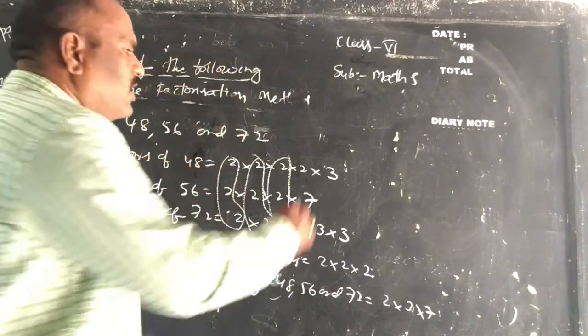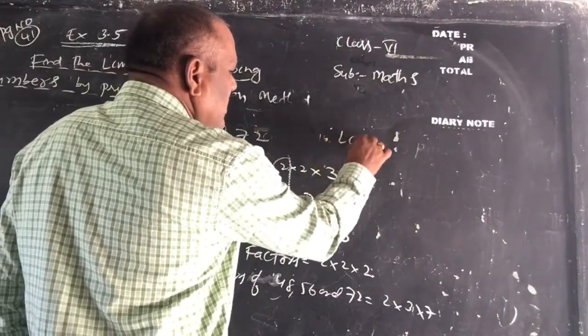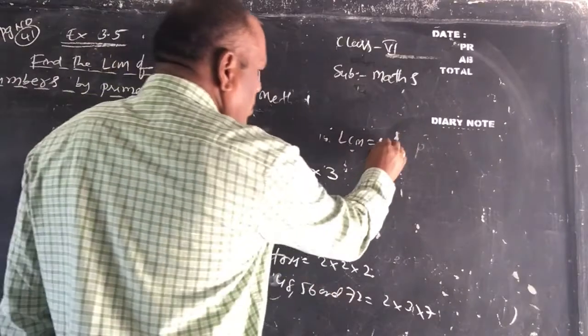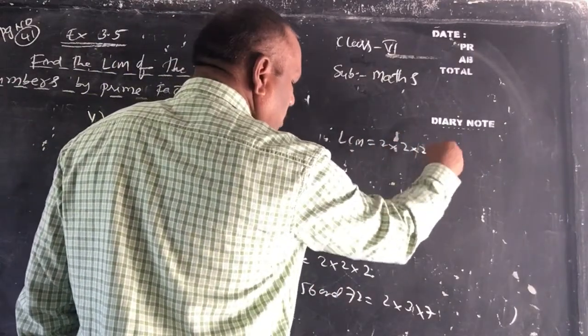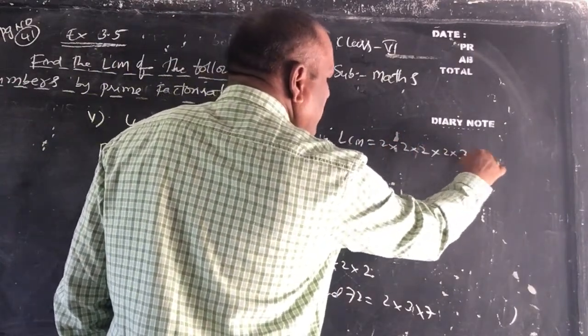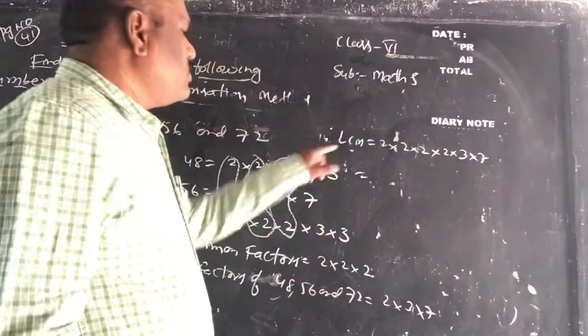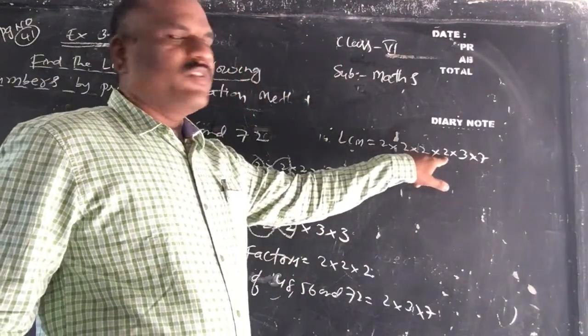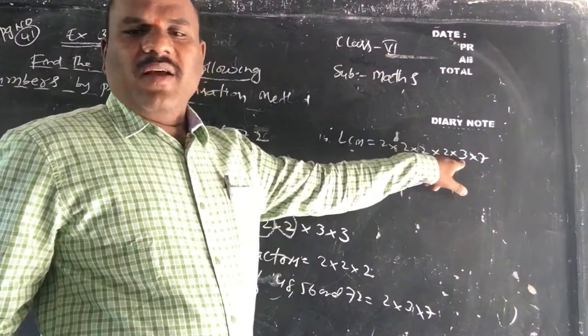Now LCM. What is LCM? Therefore LCM equal to 2 into 2 into 2 into 2 into 3 into 7. 2 2 is 4, 4 2 is 8, 8 2 is 16, 16 into 3 is 48, 48 into 7.